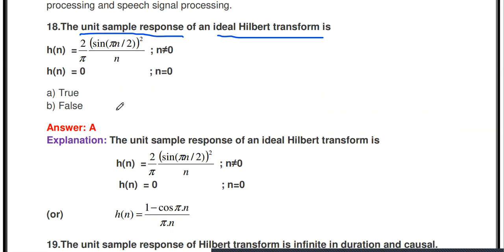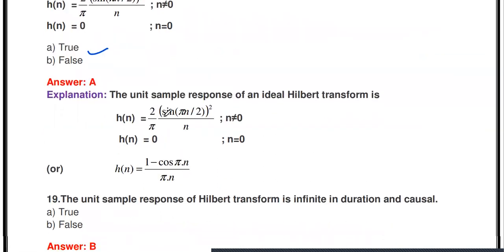Is this true or false? This is true. The unit sample response of the Hilbert transform is this one. You just remember it: 2 sine squared of pi n by 2, divided by pi n, when n is not equal to 0, and 0 when n equals 0. This is one formula. Or in terms of cos: 2 sine squared theta can be written as 1 minus cos theta.